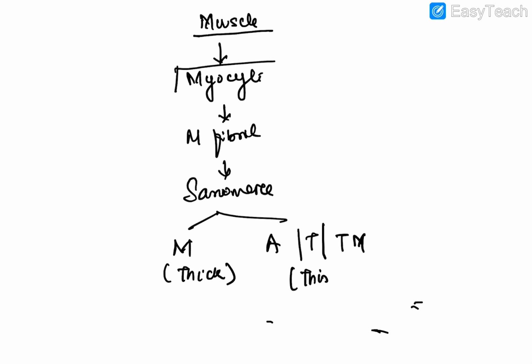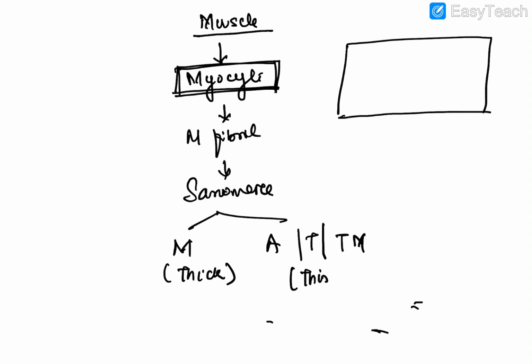Now this myocyte is the basic cell of a muscle unit. So just like any cell, it has a cell membrane, it has cytoplasm, and it has an endoplasmic reticulum. If we understand this, the definitions become very easy.